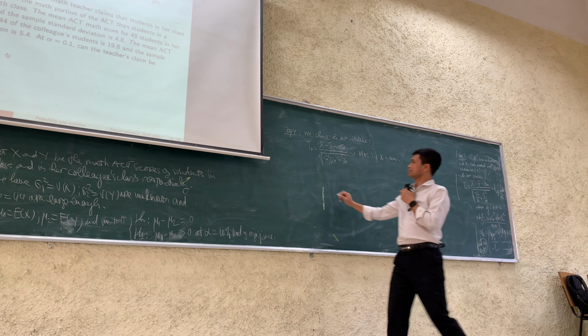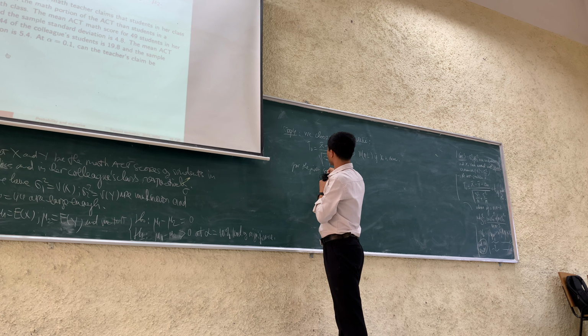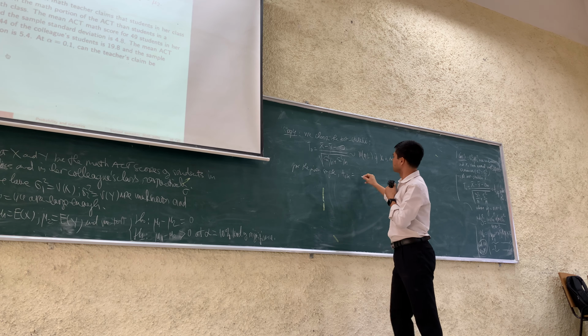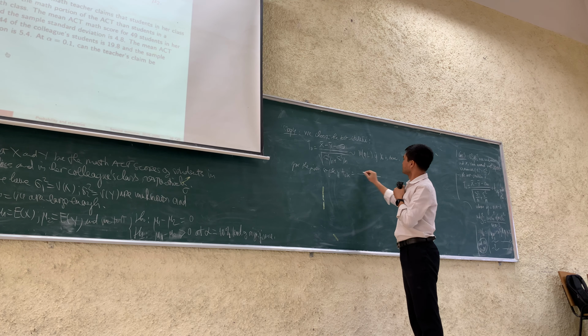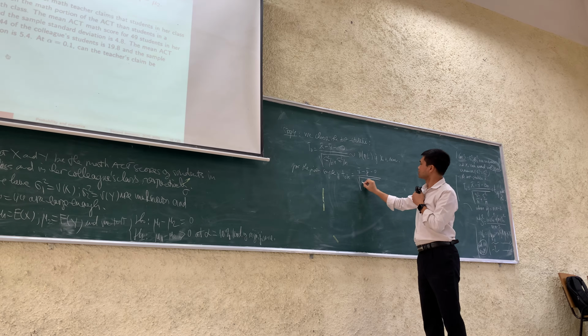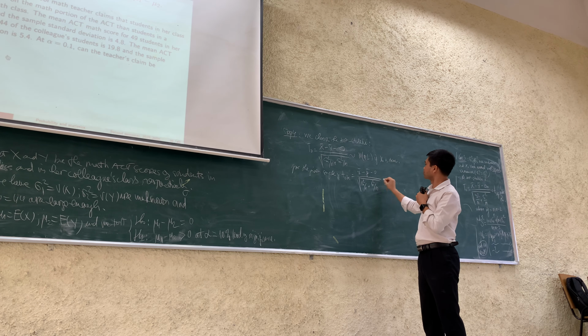And then for the given sample, we have the observed value of T, which is x bar minus y bar minus 0 divided by the square root of s1 squared over n plus s2 squared over m.